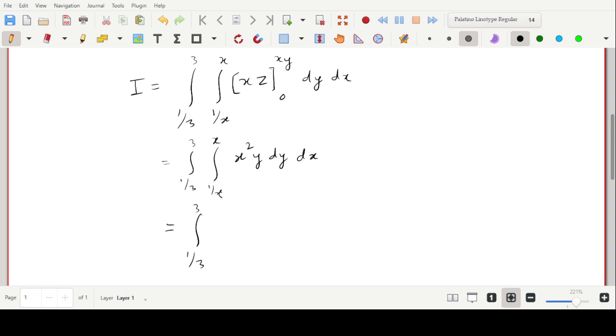Now we are integrating with respect to y, so x square is constant and the integral of y is y square over 2. So what we get is x square y square over 2, and the limits of integration are 1 over x and x.